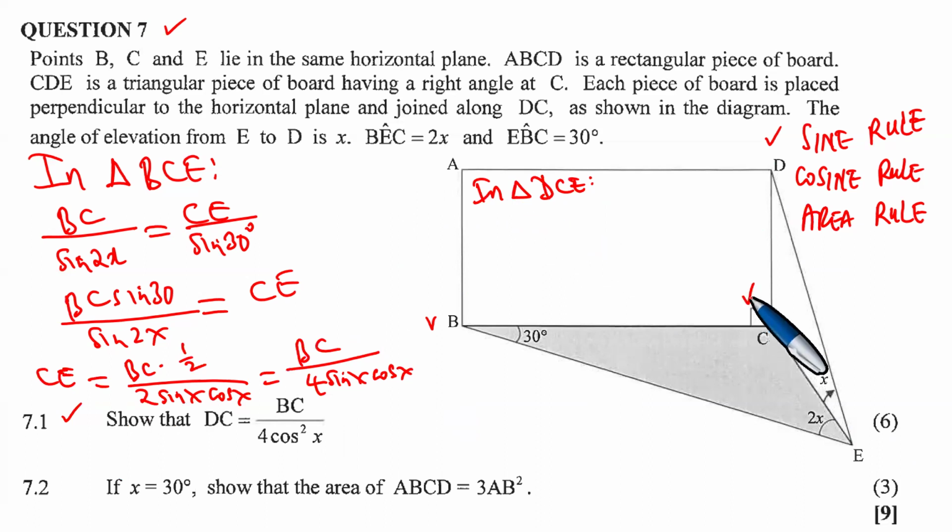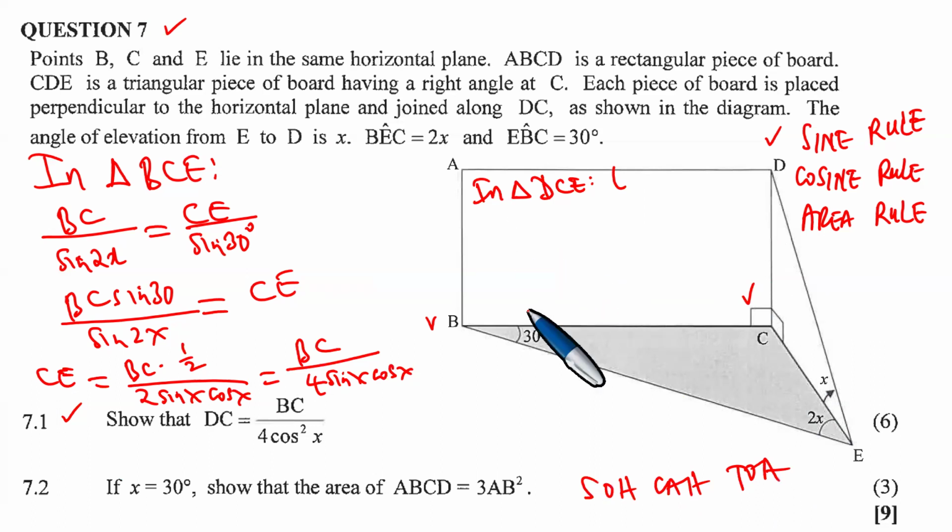Meaning in the triangle here, DCE, we want to find DC, but there's a CE, so we deal with opposite over adjacent, which means you're going to deal with the tangents using SOHCAHTOA. Then we get the following.